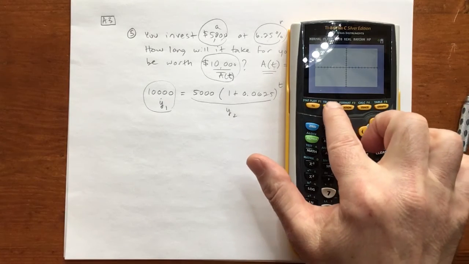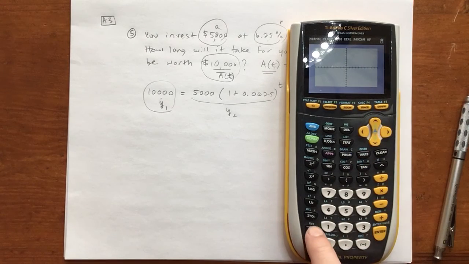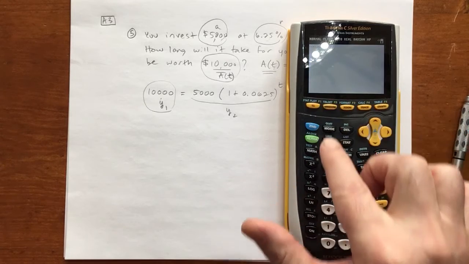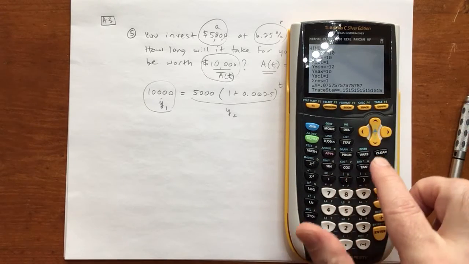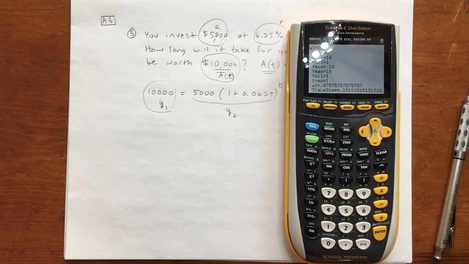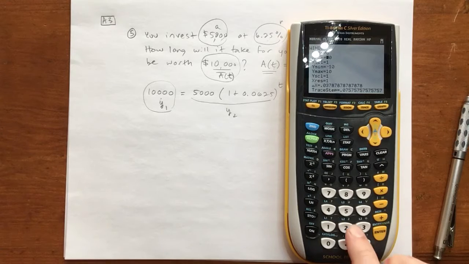So I'll have to go into my window settings. Oh, it's still trying to graph. So remember, you can always hit the on button to stop it from graphing. So I'm going to hit the window button now. I really don't care about negative x values, so I'm going to start at x equals 0. My x max, now this is kind of a guess. How long do I think it's going to take to double? I think it's probably going to take fewer than 20 years, but I could be wrong.